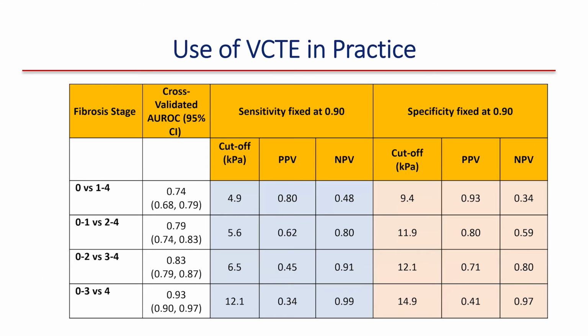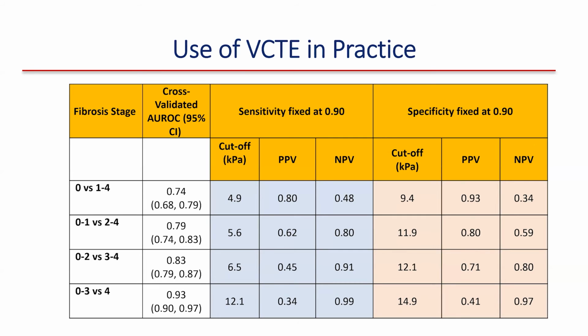So how do we use Fibroscan in clinical practice? As I mentioned before, when we see a patient, we want to either rule a disease in or rule a disease out. We want to identify at-risk patients, but a number of us are also doing clinical trials, so we want to be able to identify patients for those as well.